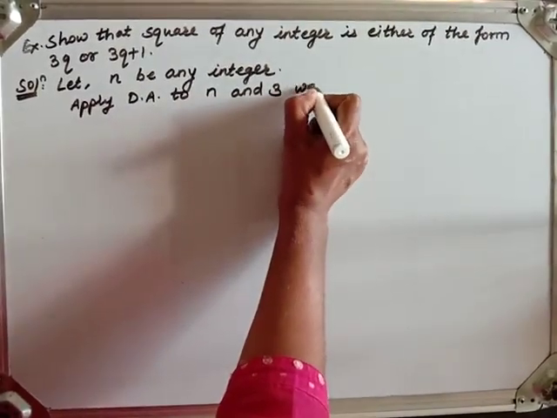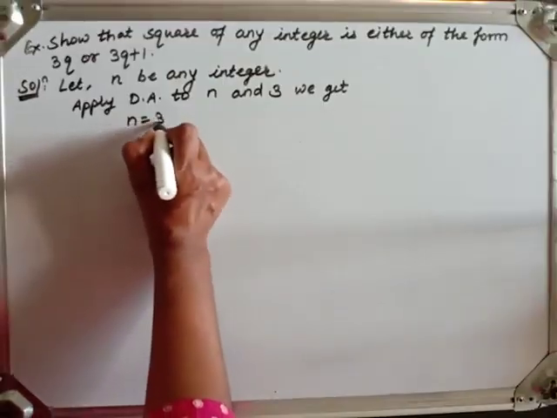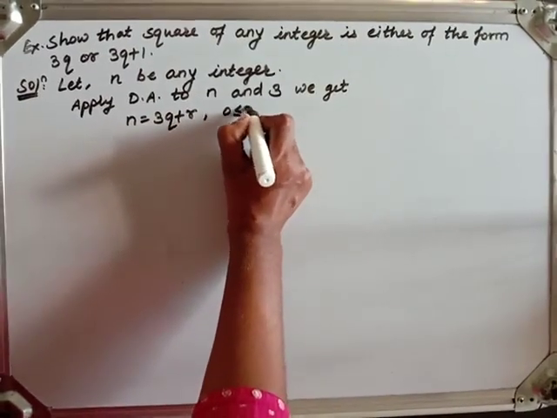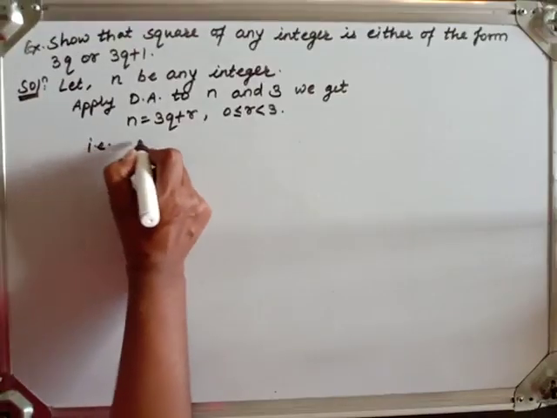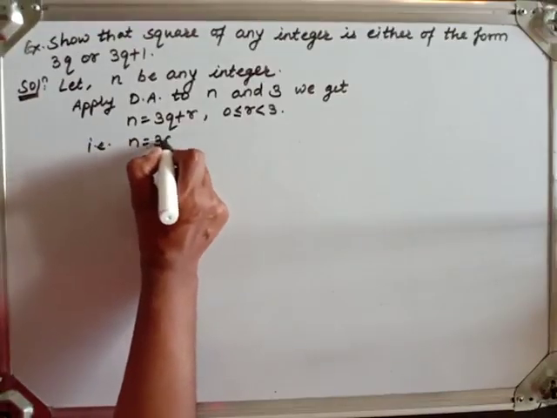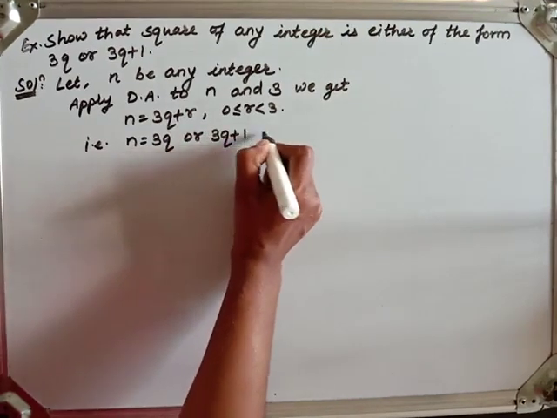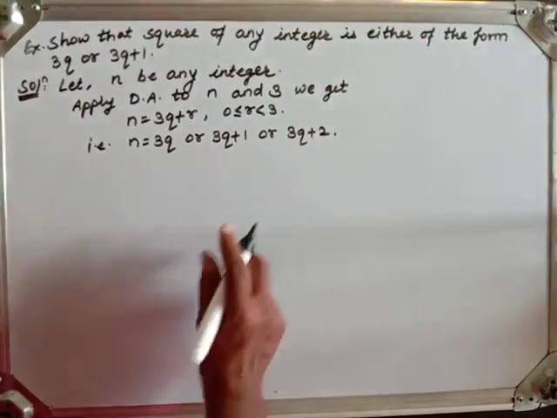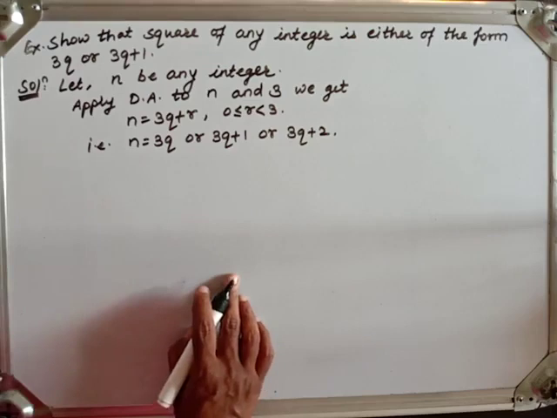We get n is equal to 3q plus r, where 0 less equal r less than 3. That is, n will be of this form: either 3q, 3q plus 1 or 3q plus 2.